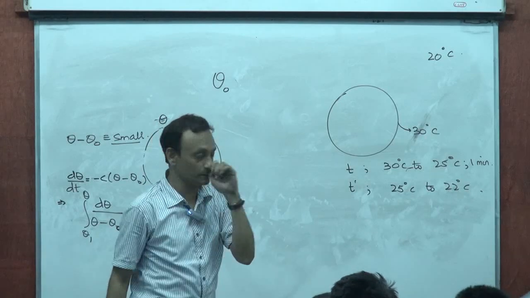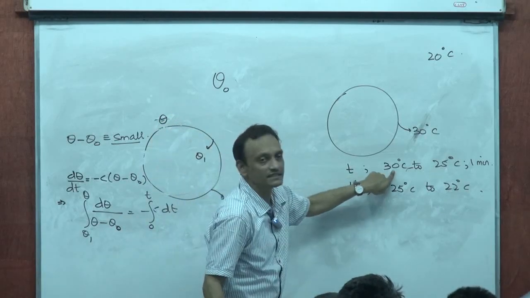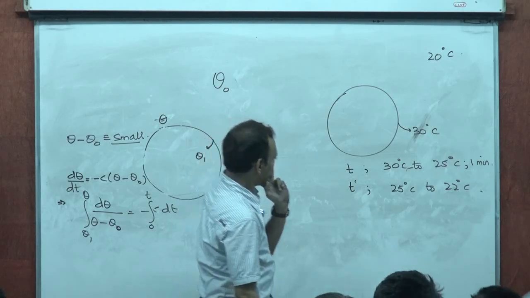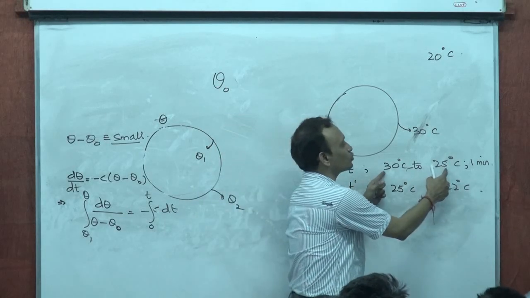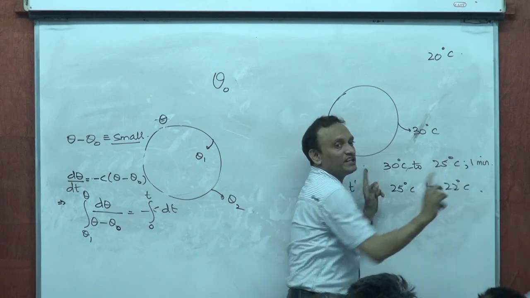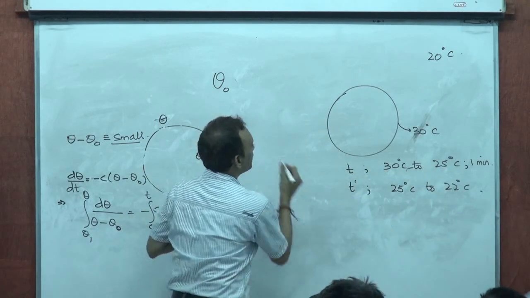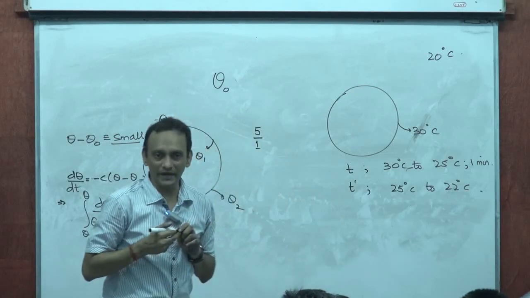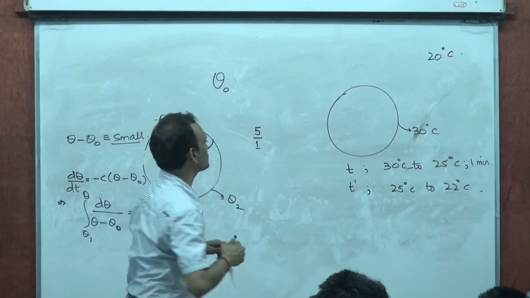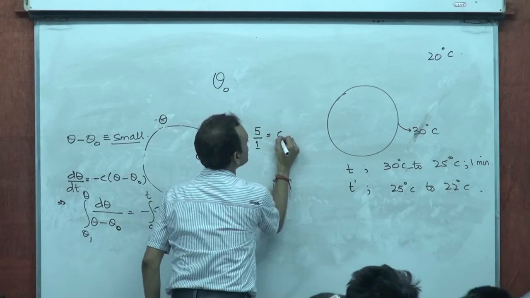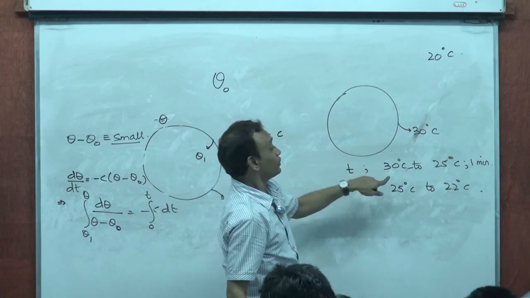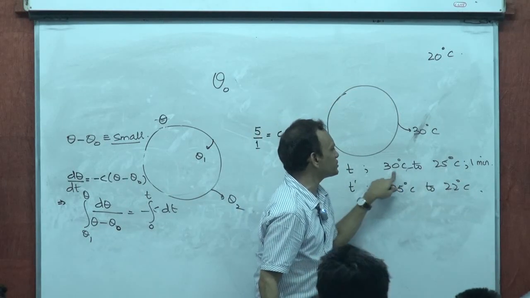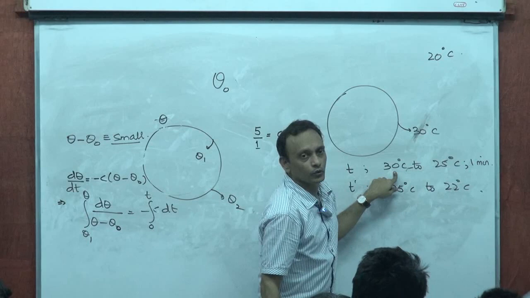What you could do is, in this case, what's the total cooling that takes place? 5 degrees in 1 minute. So 5 degrees per minute is the rate at which this cooling takes place. That must be some constant C into the temperature difference. Now, what's the average temperature of this? 27.5.